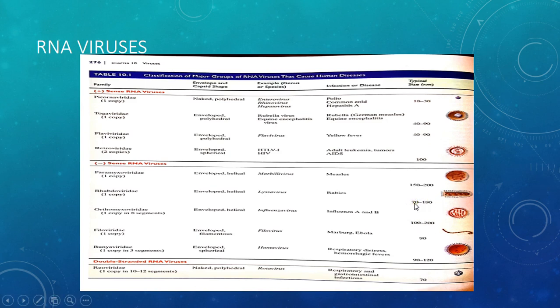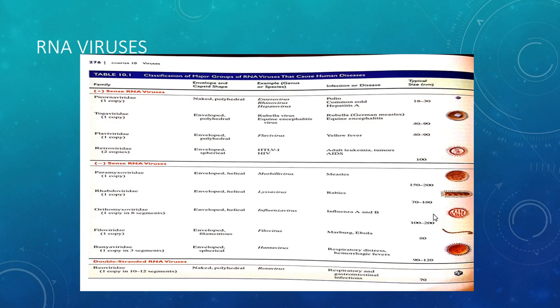Then we have Orthomyxoviridae. Ortho is a Greek word for straight, and they are also medium-sized enveloped negative sense RNA viruses that vary in shape from spherical to helical. As you can see from here, they can be spherical or helical. Their genome is segmented into 8 pieces, and like the paramyxoviruses, orthomyxoviruses have an affinity for mucus.